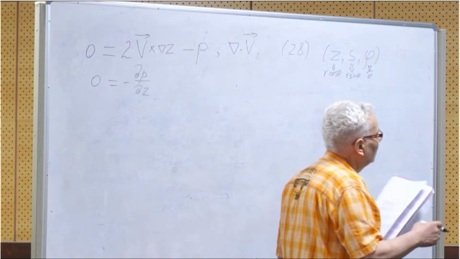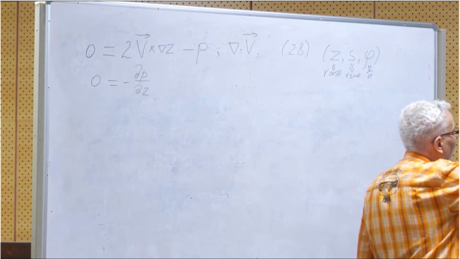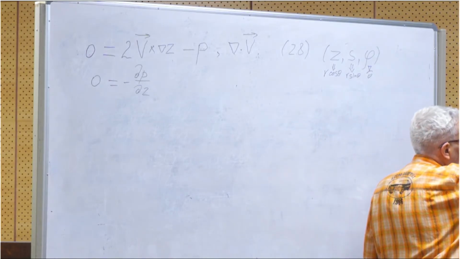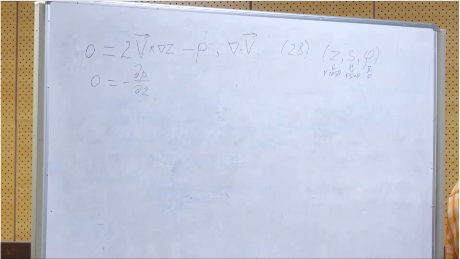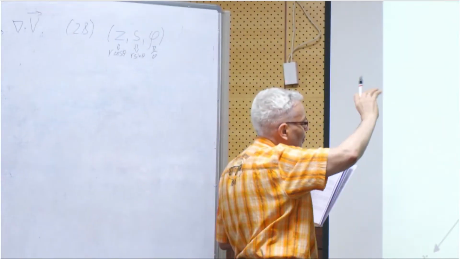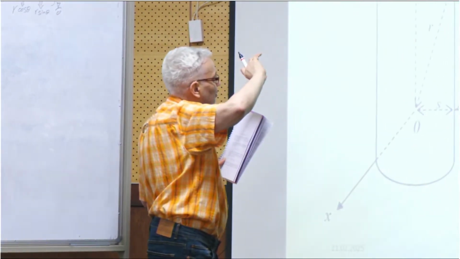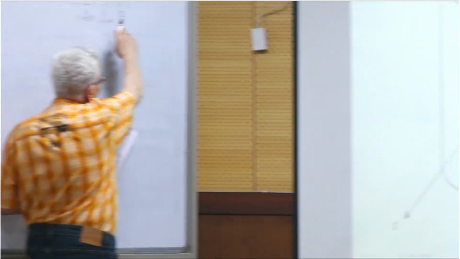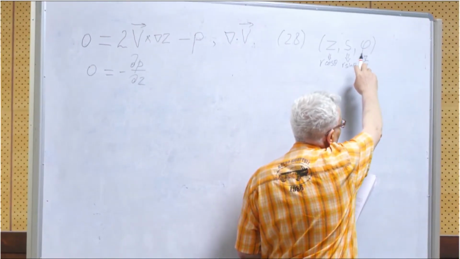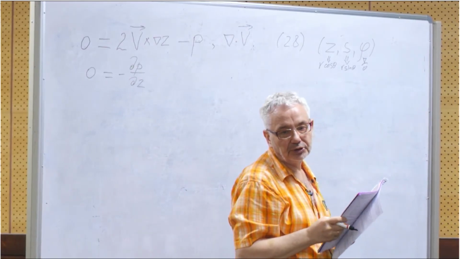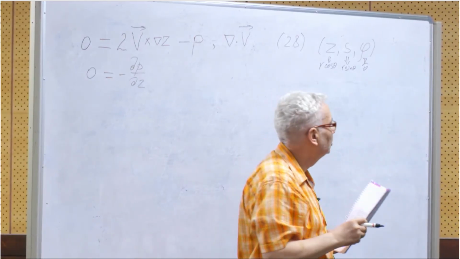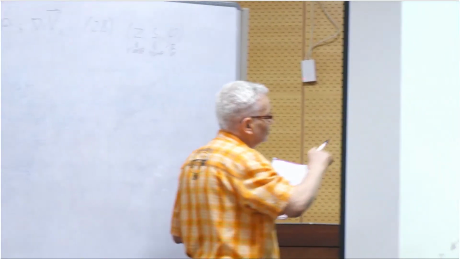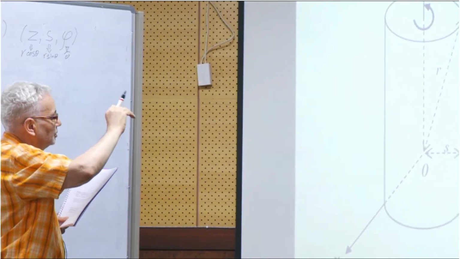If you take the screw and rotate from z to s, you see that the screw will go in this direction if you have a right-hand screw. So this is exactly the direction. We rotate from this to this, and then we get the direction in which the azimuthal coordinate changes. So we use this rule of the right-hand screw.